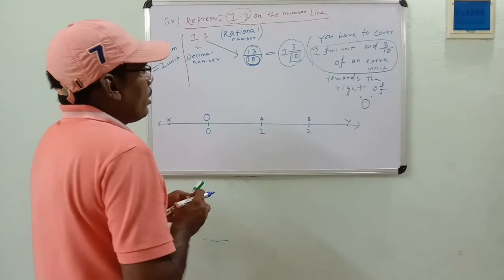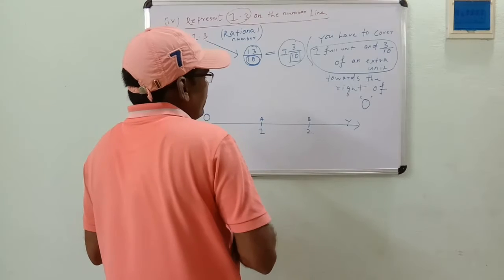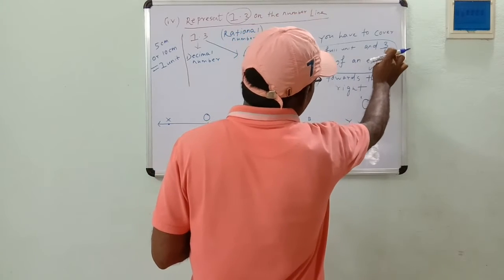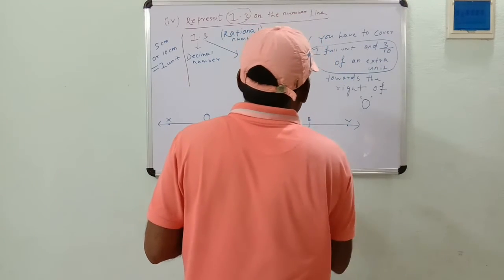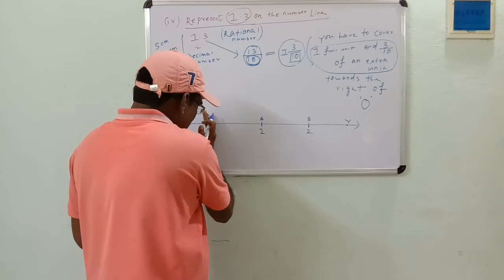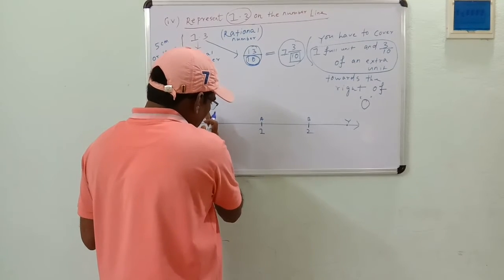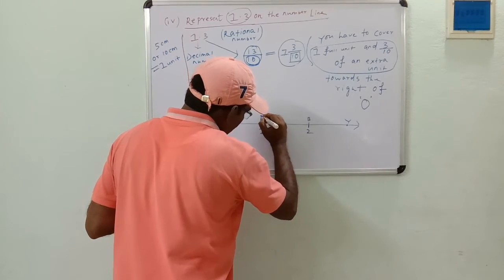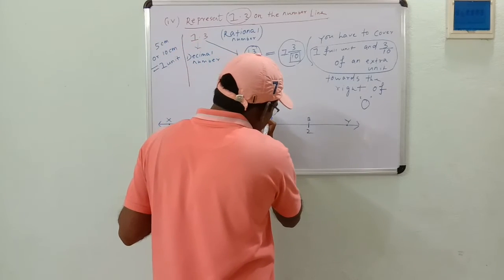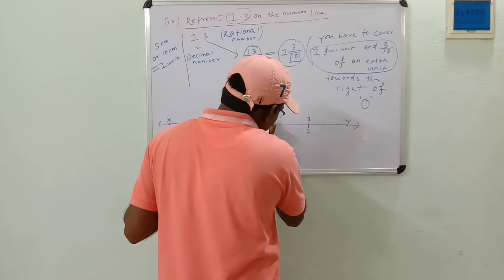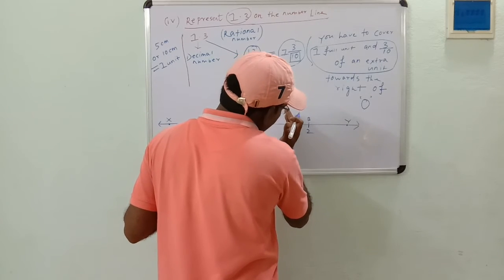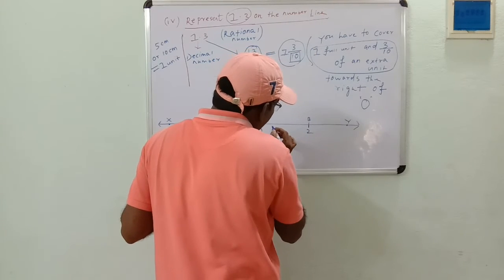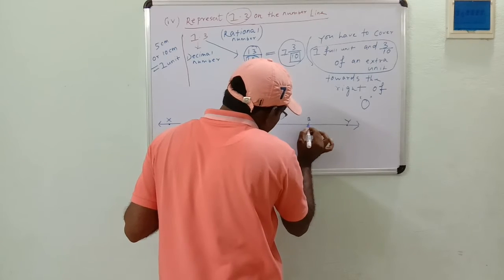As 1 full 3 by 10 indicates 1 full unit, and then 3/10 parts of an extra unit, you start moving from 0, first cover 1 unit, then you reach point A. Now from point A you have to cover only 3 parts of 10 equal parts of this full unit.